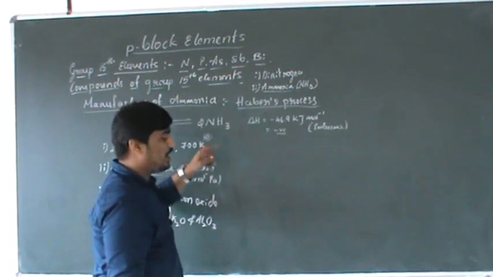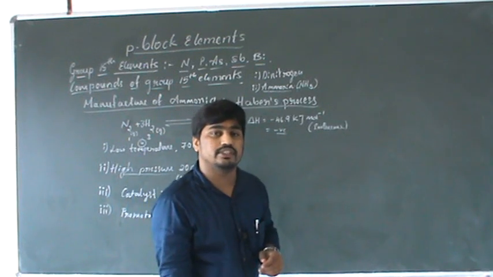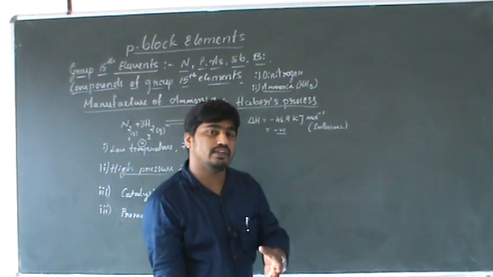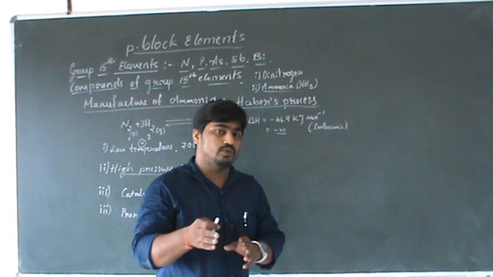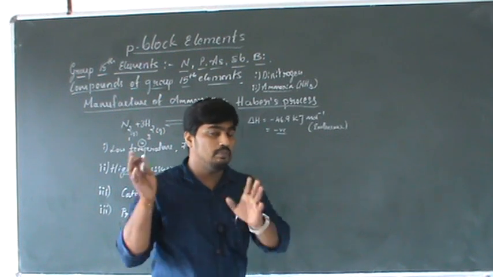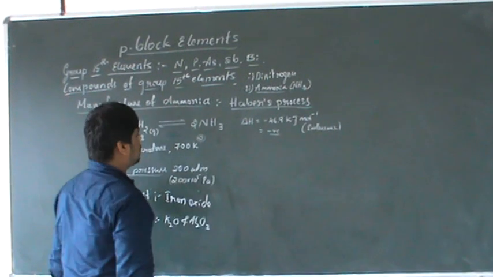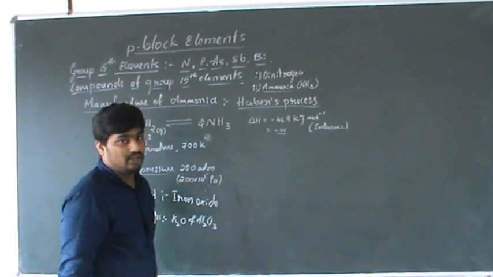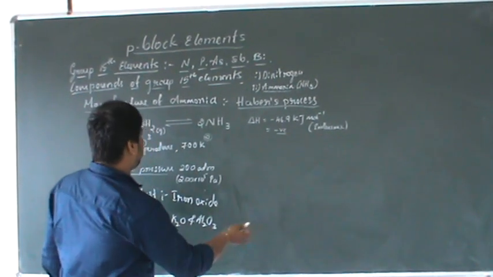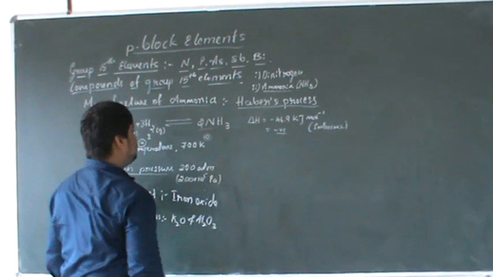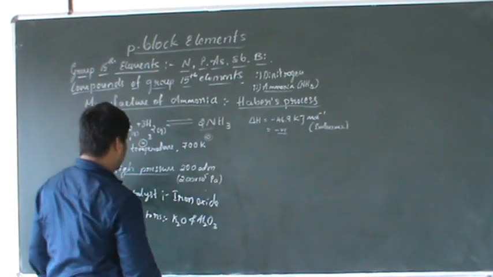When pressure is applied, the equilibrium shifts to the side with fewer molecules. Here there are 2 molecules on the product side, so it moves towards the product side. Hence the quantity of product increases.